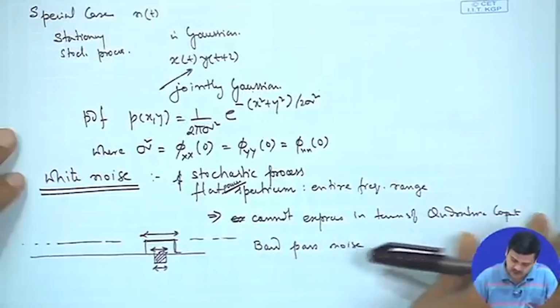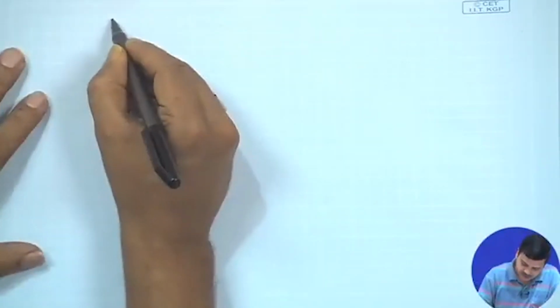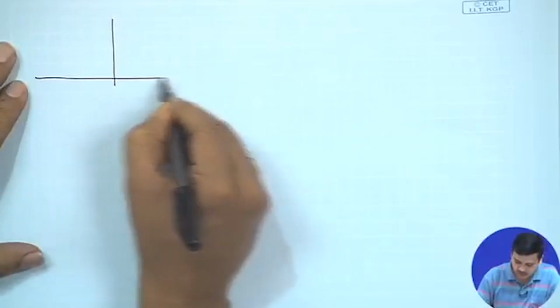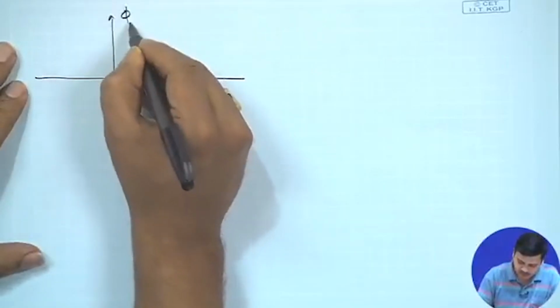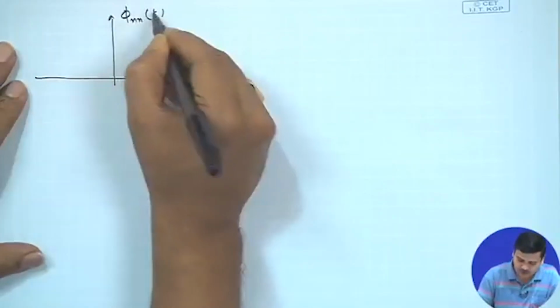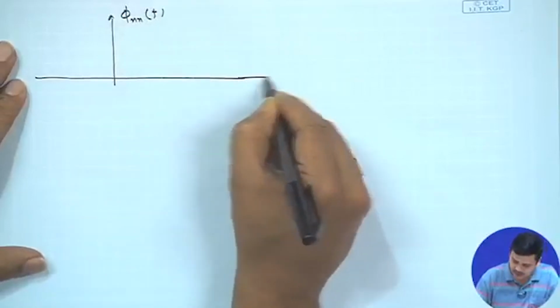For such a case you would define phi n of f as follows.